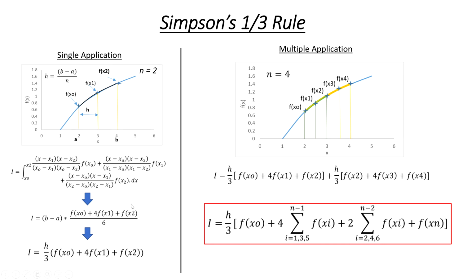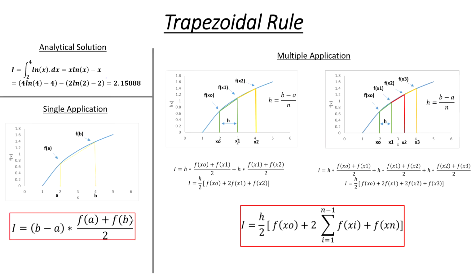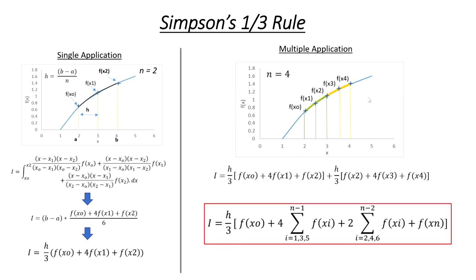Now, there are 2 things that I want to show you, so we're going to go through a few manipulations to this function. When it comes to the trapezoidal rule, when we're doing a single application trapezoidal rule, we have 1 trapezoid. When we have 2 applications, we have 2 trapezoids. 3 applications, 3 trapezoids. So it has kind of a 1-to-1 correlation.